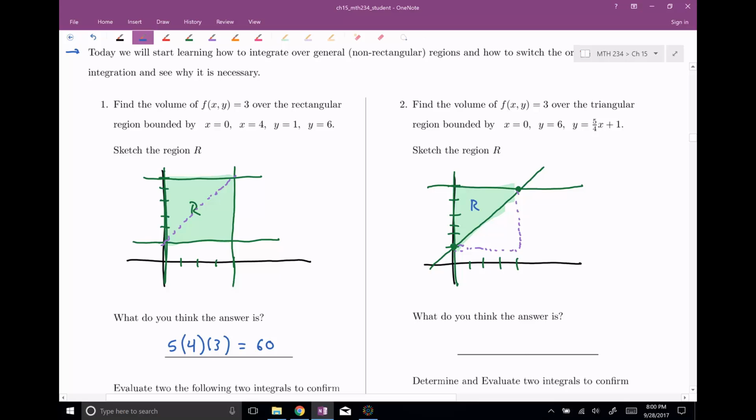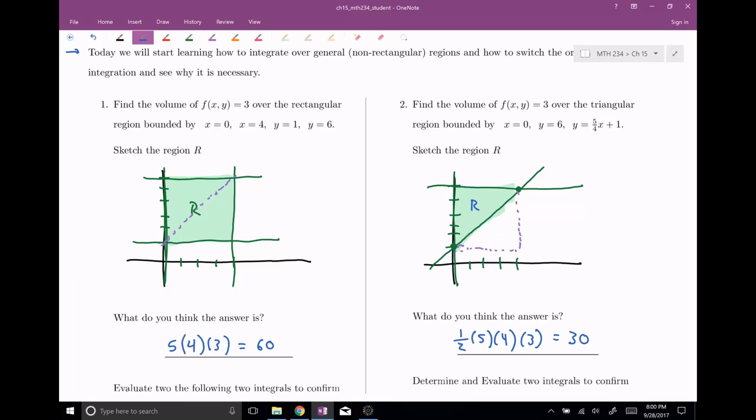Or you can even use the area of a triangle, 1/2 base times height, and then we multiply by 3, because again, the surface is hovering 3 units above the xy plane. If you evaluated this all out, you would get 30. So our sneaking suspicion is that if we integrated something, we would get out 30.